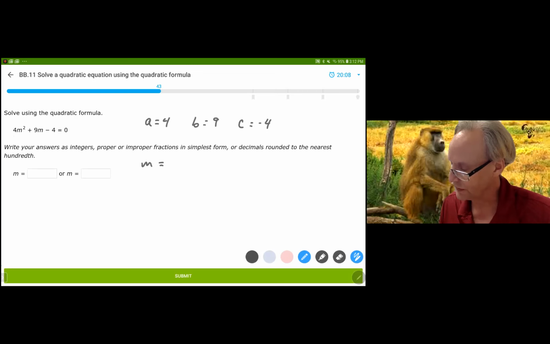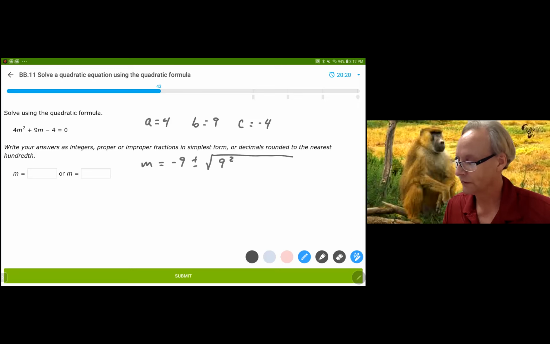M then is going to be equal to -B, that's -9. I'm not going to put the parentheses till I get to the negative, and then I'll show you why. Plus or minus the square root of 9 squared. I really only need the parentheses when I'm talking about negatives.